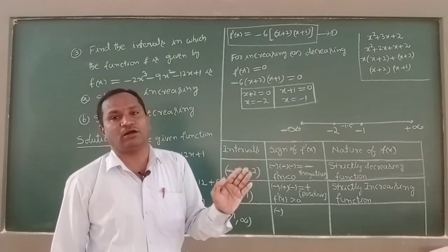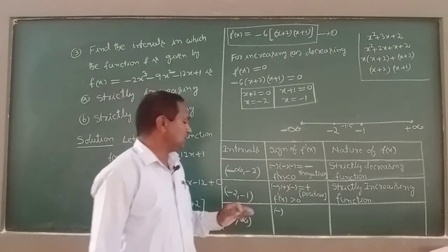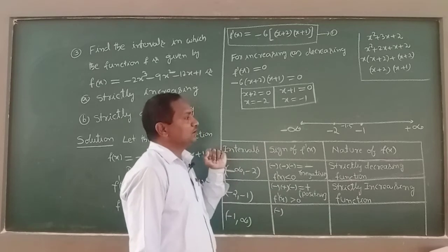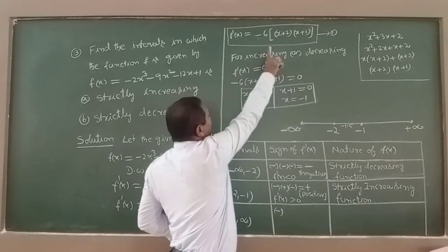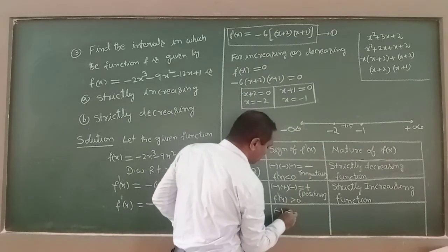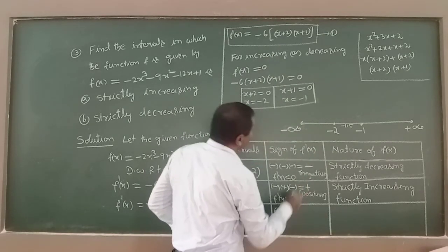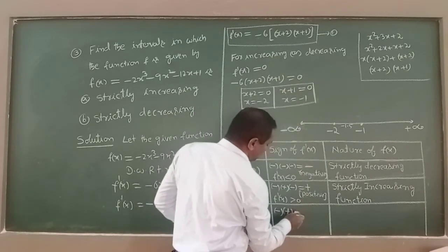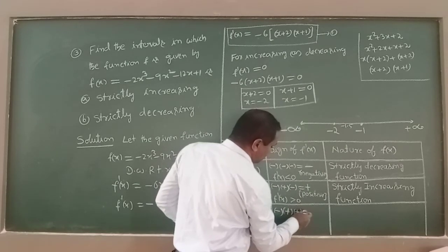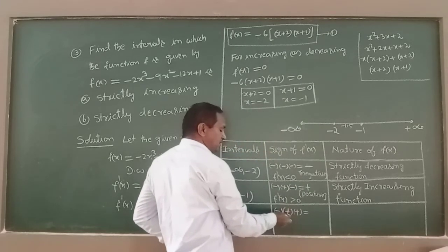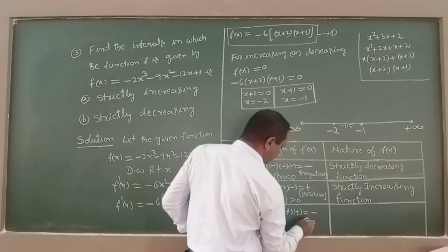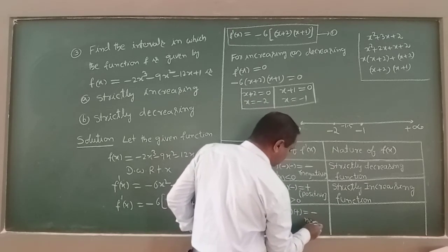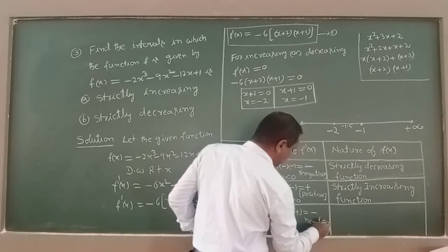That's my wish, I am selecting 0 here. 0 plus 2 means plus 2, plus symbol. 0 plus 1 means plus 1, plus symbol. Plus into minus into plus, minus, minus plus minus, minus will come here. That's why we got negative for the last third interval.